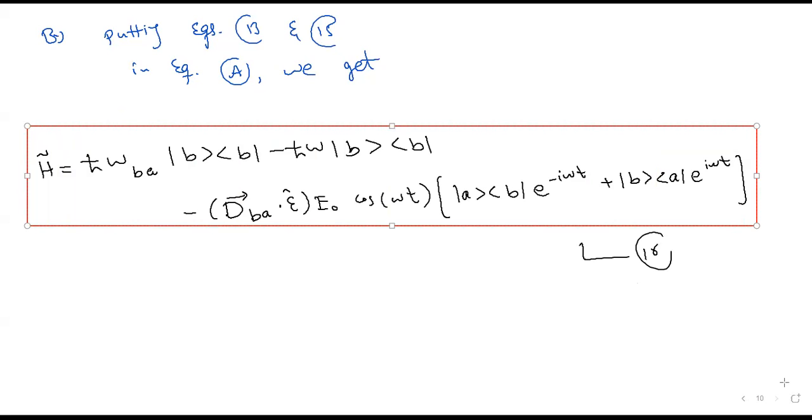Okay, so let's do another topic, and now we'll solve the coupled differential equations to find the dynamics of a two-level atom under the resonant excitation.